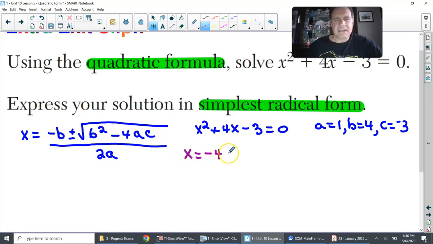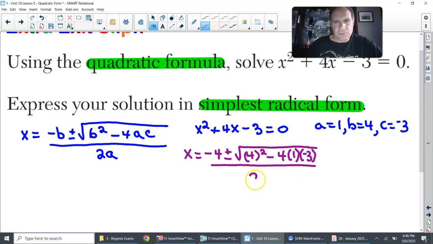So negative b becomes negative 4. The plus or minus goes there from the formula. It is b squared, so it's 4 squared, minus 4 times a, which is 1, times c, which is negative 3, all over 2 times a, which is 2 times 1.